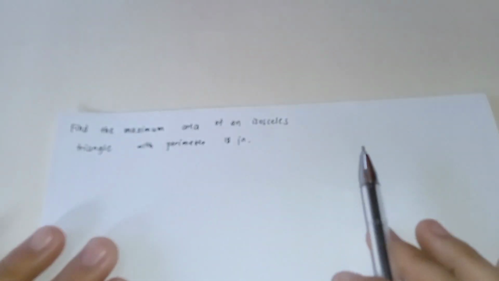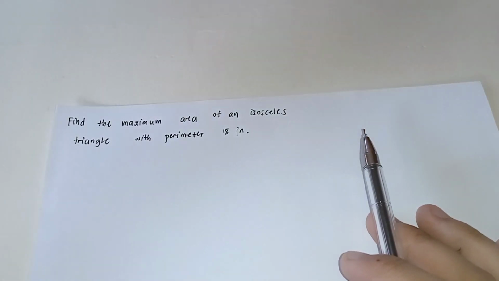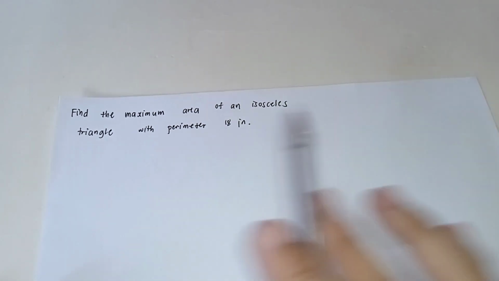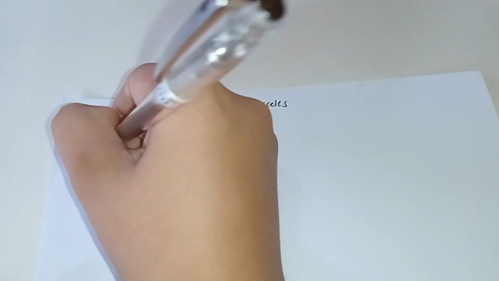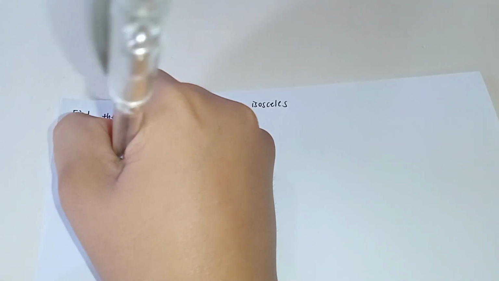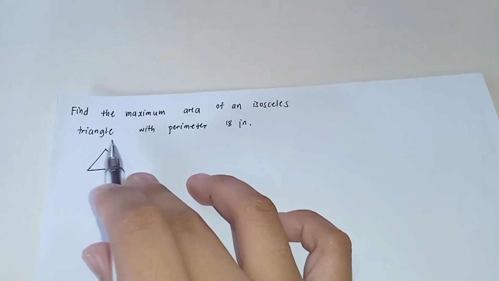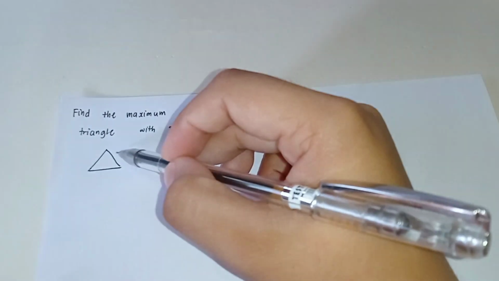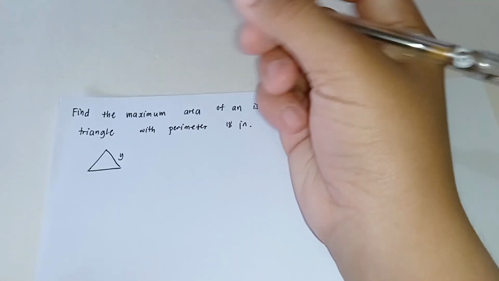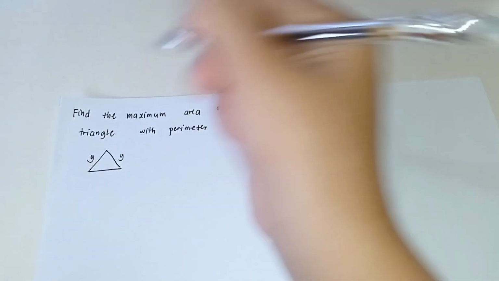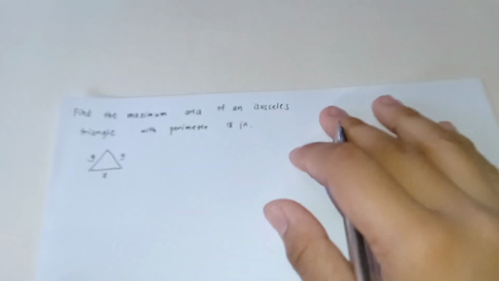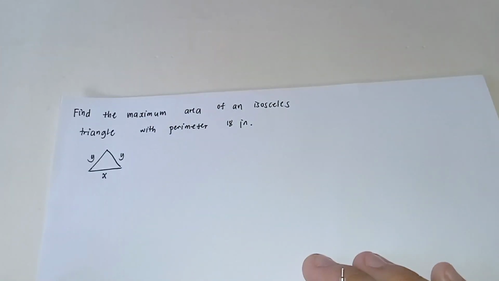So now let's apply our first step, which is to draw a figure to illustrate or visualize the problem more. Let's consider this figure here as our isosceles triangle that has two congruent sides, and let's call these y and y since they are congruent, and here as our x. I think we already visualized our problem.